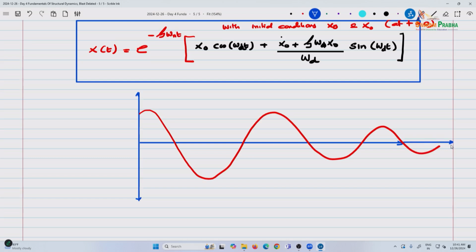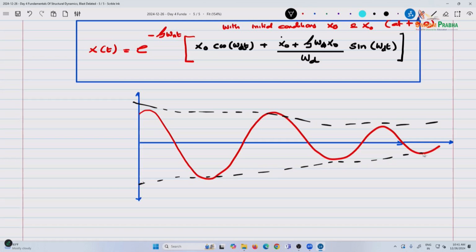And it should be symmetric, it doesn't quite look symmetric, and it should be even better than what I've drawn. So, if you plot it, you will see that the peaks are governed by this exponential function.